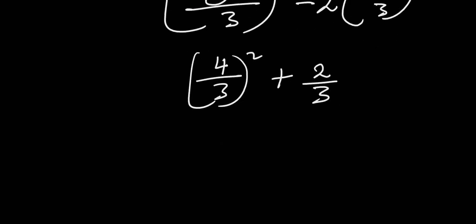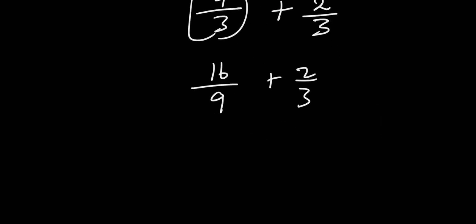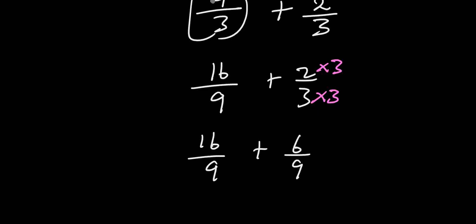So 4 squared is 16, and 3 squared is 9, plus 2 over 3. So now we need to find the common denominator, and we can do that by simply multiplying this by 3, multiplying this also by 3. So now we have 16 over 9 plus 6 over 9.